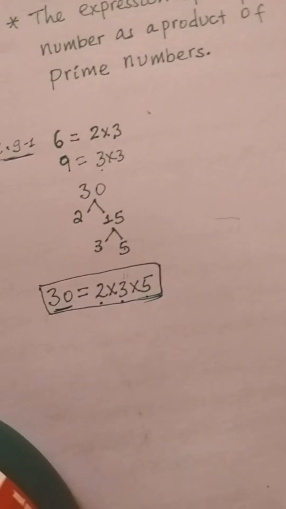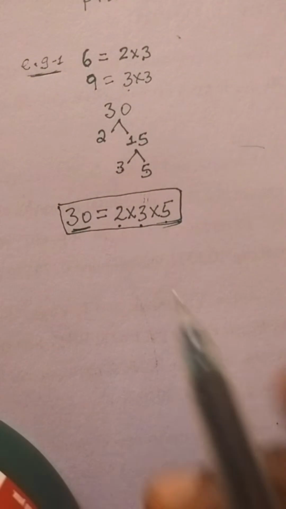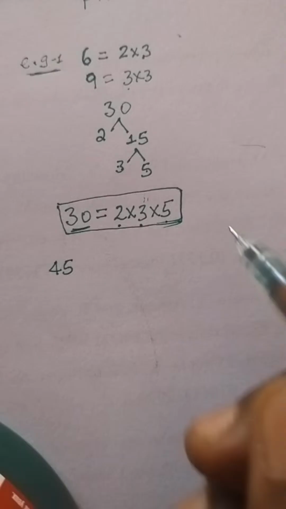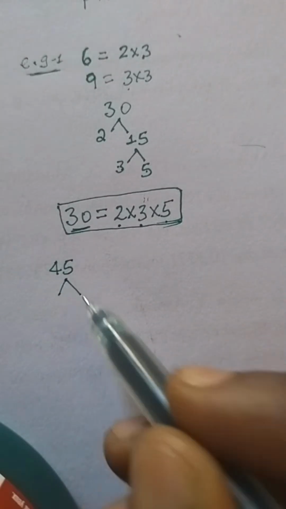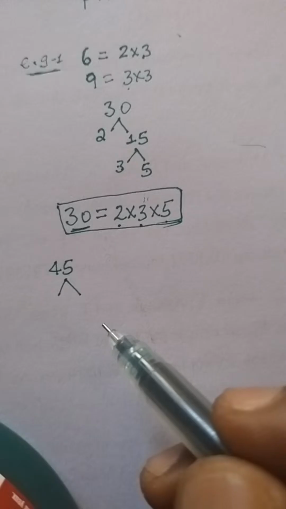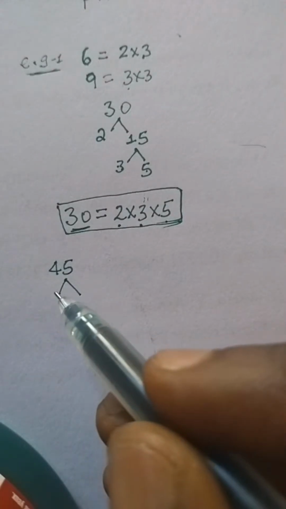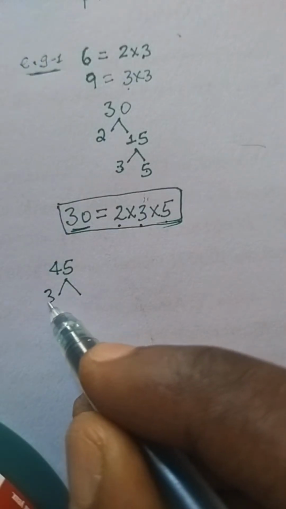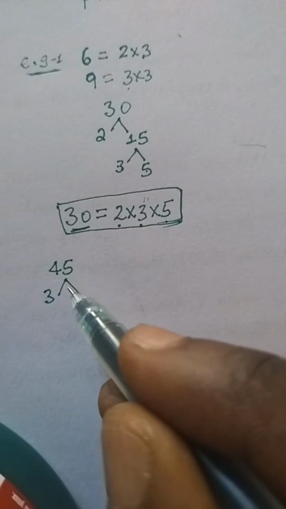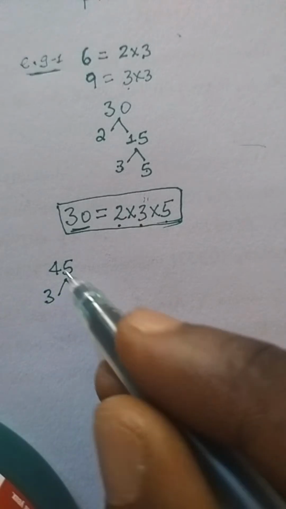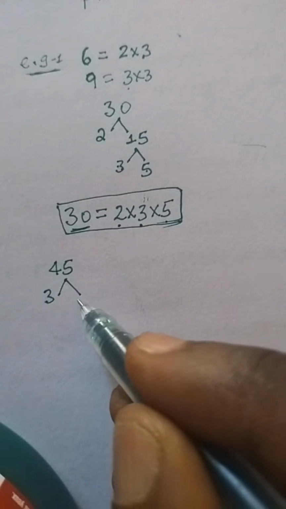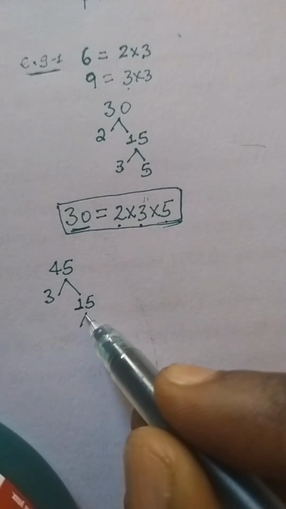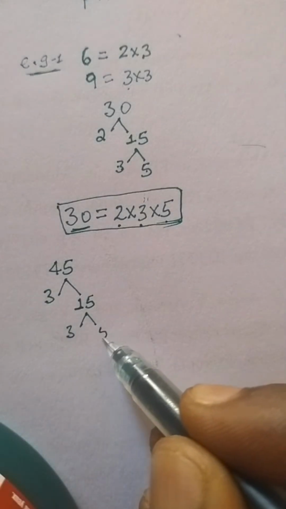For example, let's take 45. Is 45 divisible by 2? No, it is not divisible by 2. So we move on to 3. It is divisible by 3 because 4 plus 5 is 9, and 9 is divisible by 3. 45 divided by 3 is 15. Now 15 is also divisible by 3, and it gives 5.